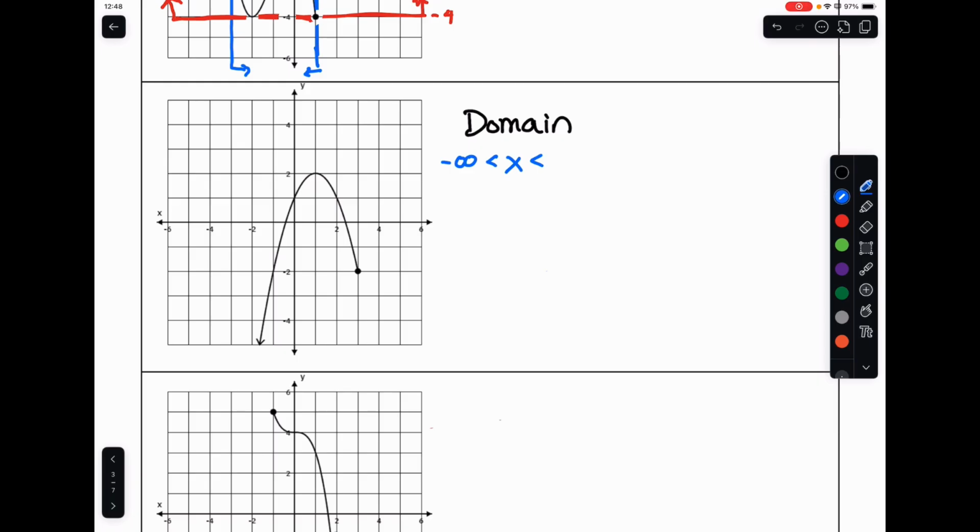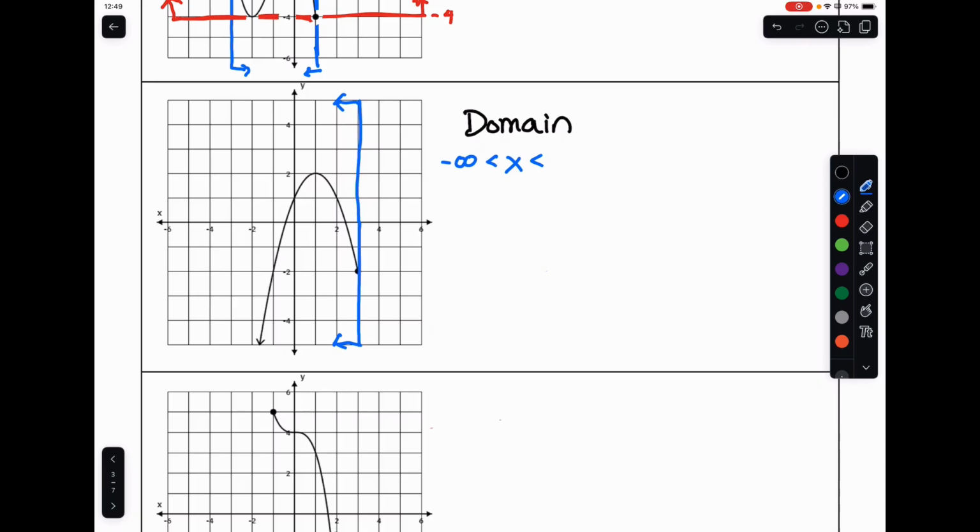Now, what's the farthest to the right that the graph can reach? Well, if I again start somewhere on the graph and move to the right, I start by moving up, and then I start moving downwards, but I'm still moving to the right until I reach this point right there. So that point is the farthest right that the graph is going to go. So all my x values are going to be to the left of this.